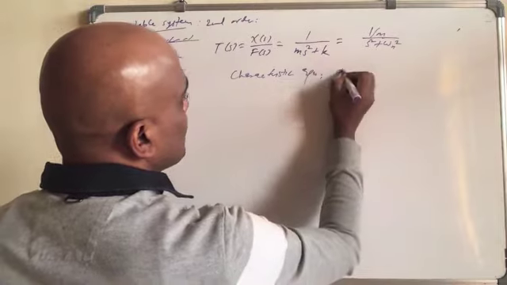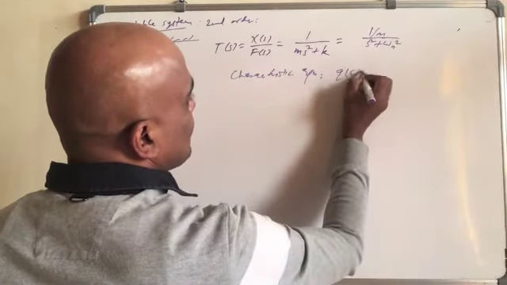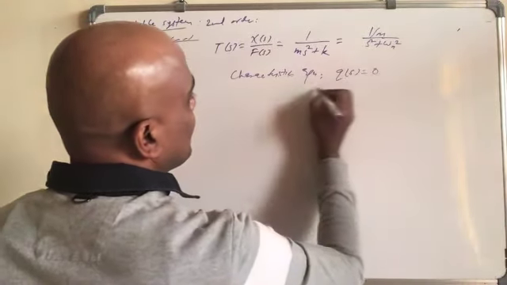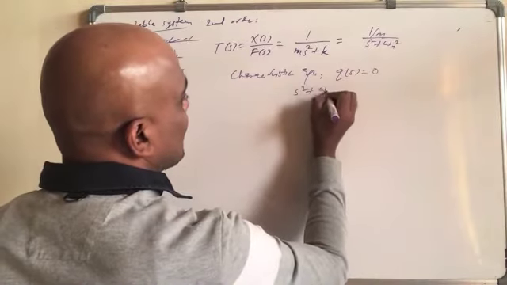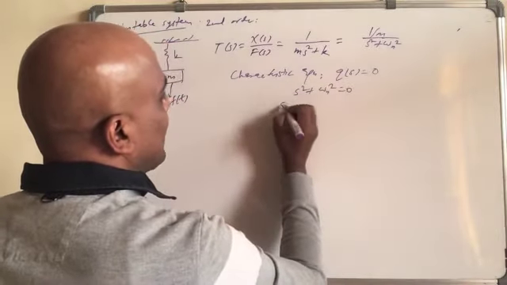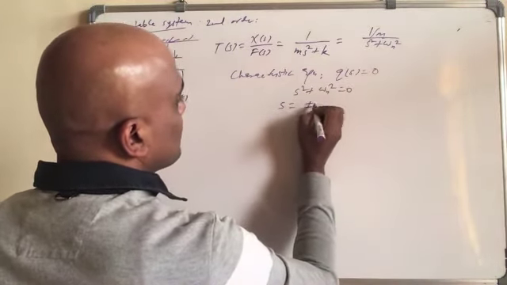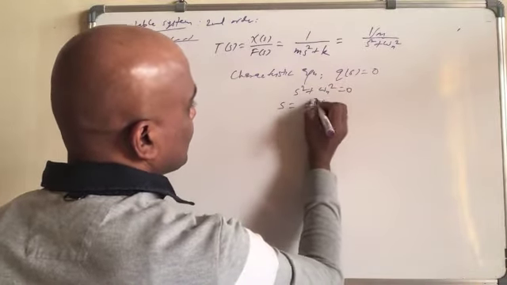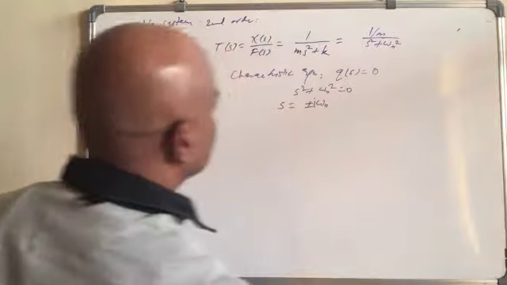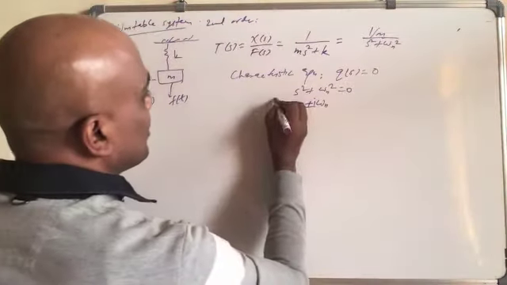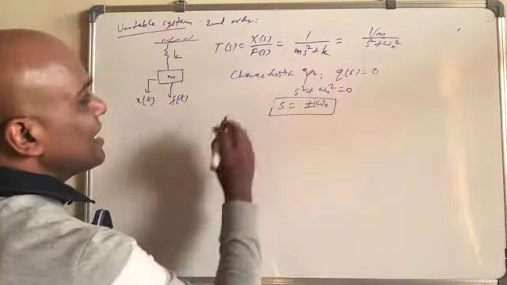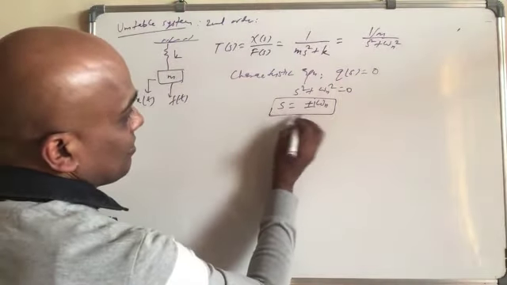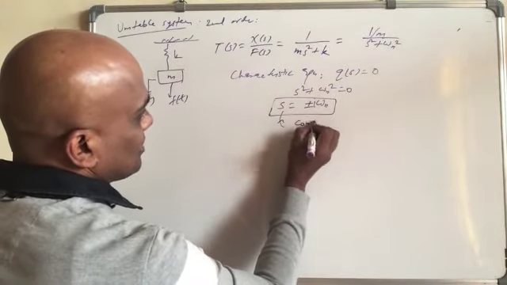Characteristic equation Q(s) equal to 0, so that really means s squared plus omega n squared equal to 0, and s equal to plus minus i omega n. So what we see here is s is complex in this case.